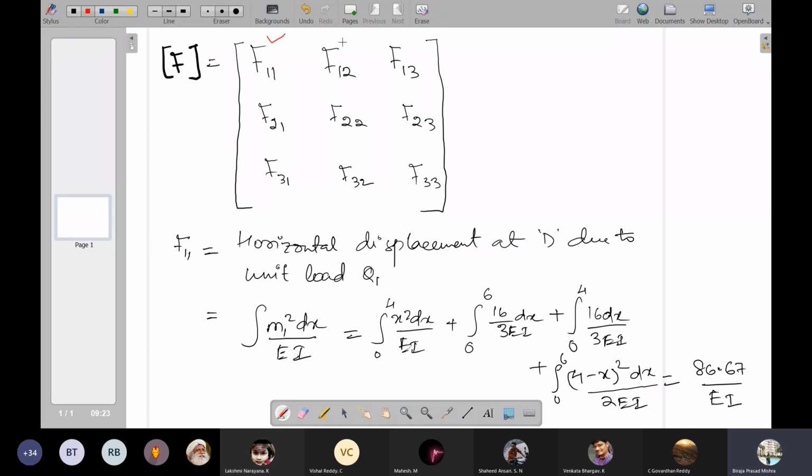Okay, so similarly we will determine F12, F13, F21, F22, F23, F31, F32, F33.